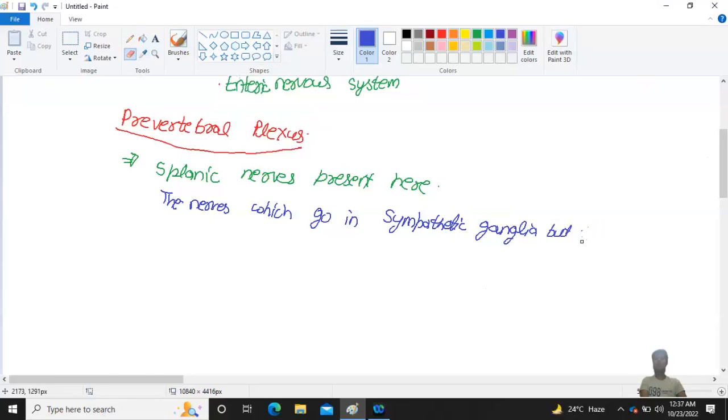They just go and come out as they are. Just the white ramus communicant goes in and the white ramus communicant comes out from the sympathetic ganglion.